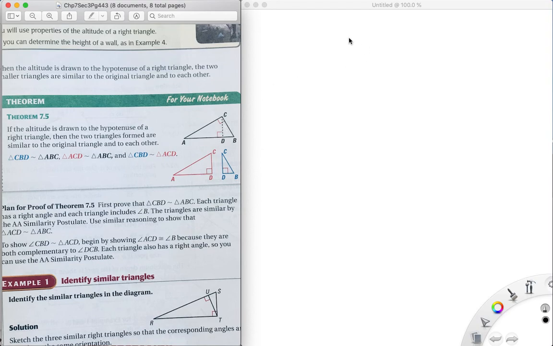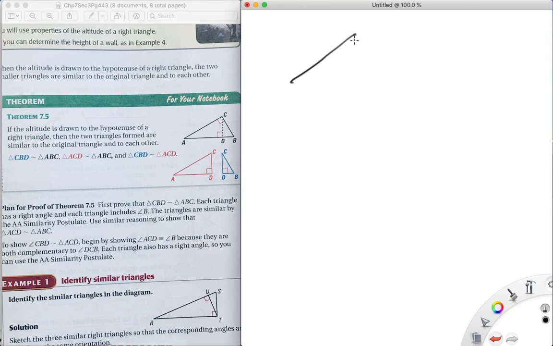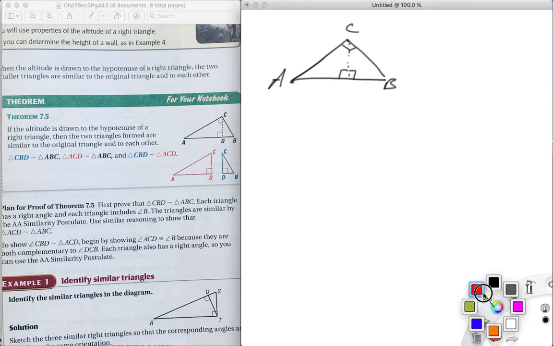So here's our triangle ABC, and here is the 90-degree angle. We draw an altitude. Remember, an altitude is a line that goes straight down and forms two other 90-degree angles. But it's not a bisector.